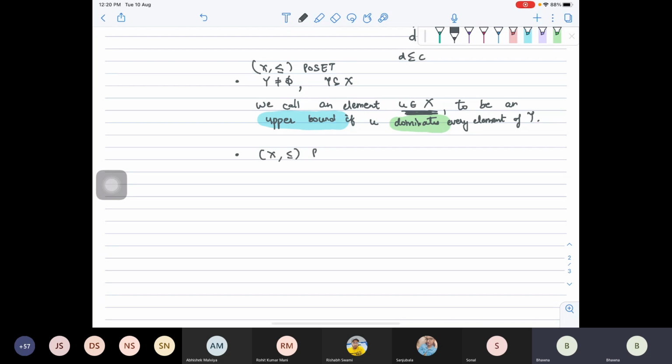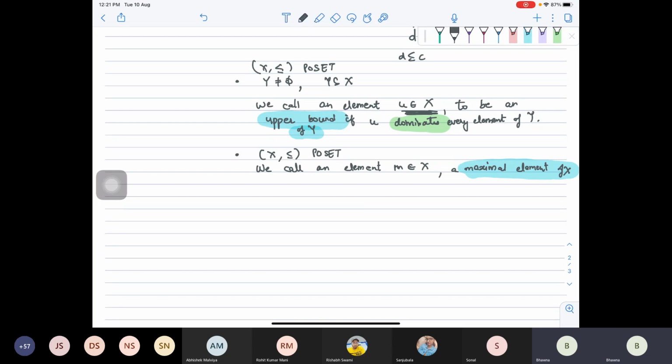That means if X is a poset, we defined a maximal element of X. We call an element m in X a maximal element in X. So I should just say upper bound of Y and maximal element of X. Upper bound was for a subset, maximal element is for the complete poset.